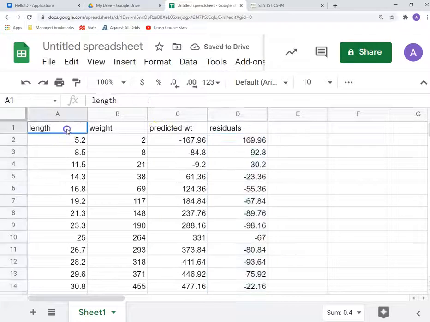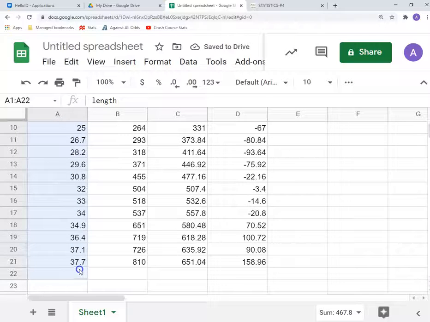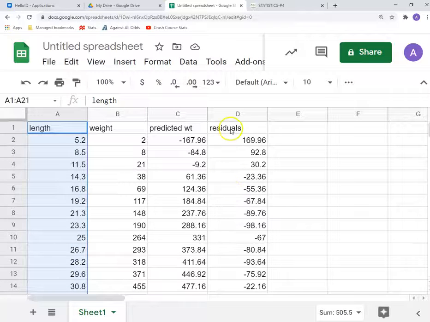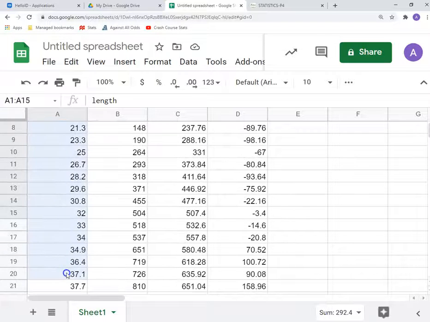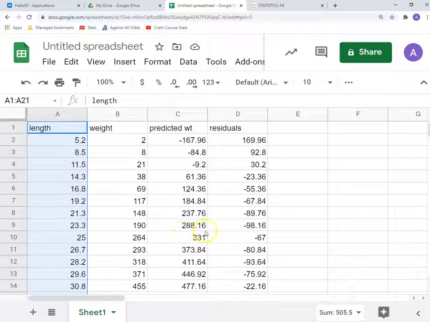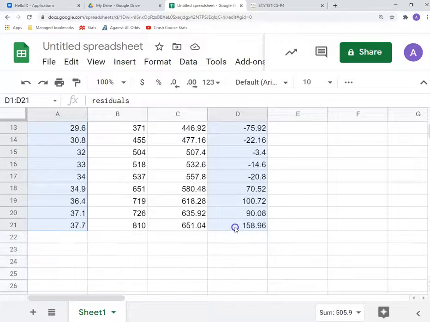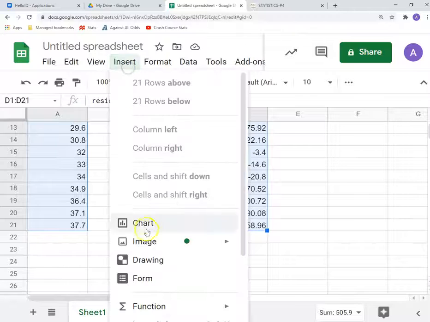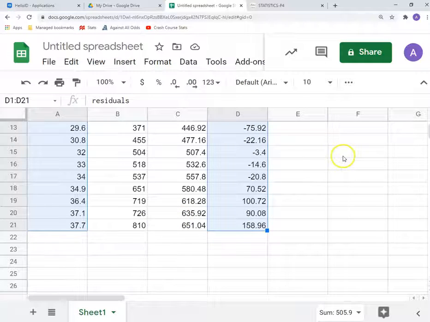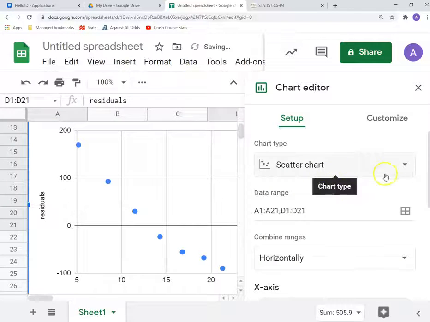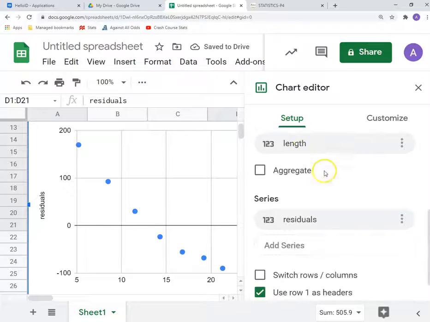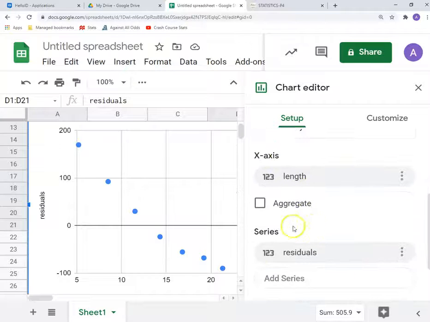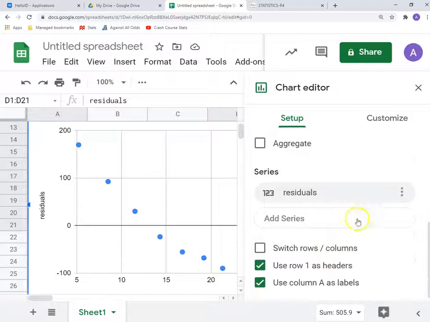Then I want to graph length versus residuals. Oh man, my finger came off control. So if you hold down control, you can highlight both lists. And then we're going to put our chart in. Oh, it chose a scatter chart for me. It has length on the x-axis, residuals on the y.